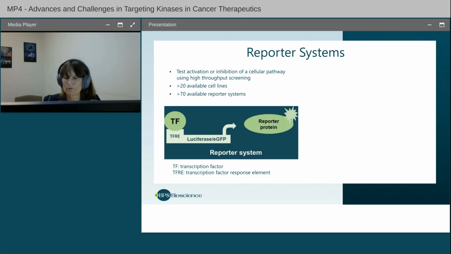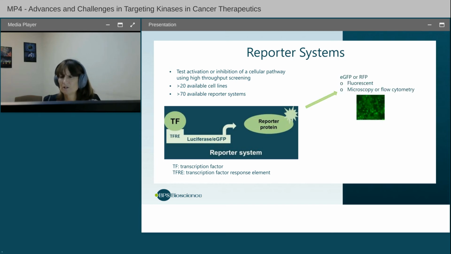Once the reporter protein is expressed, you can measure the expression either through immunofluorescence studies or through measure of luciferase activity and luminescence assays. So in the case of EGFP or RFP, which is a red protein, you can do flow cytometry, microscopy.